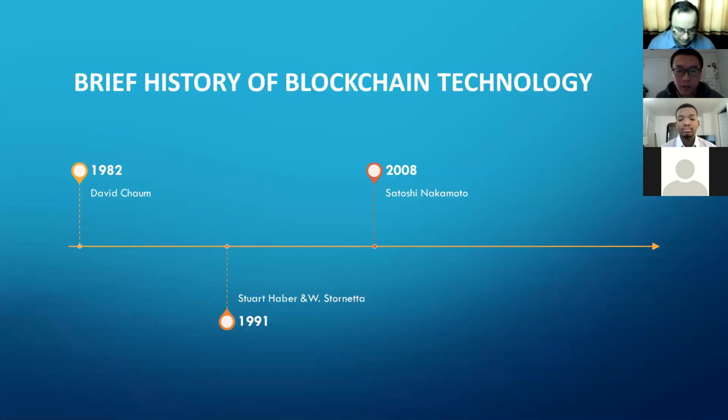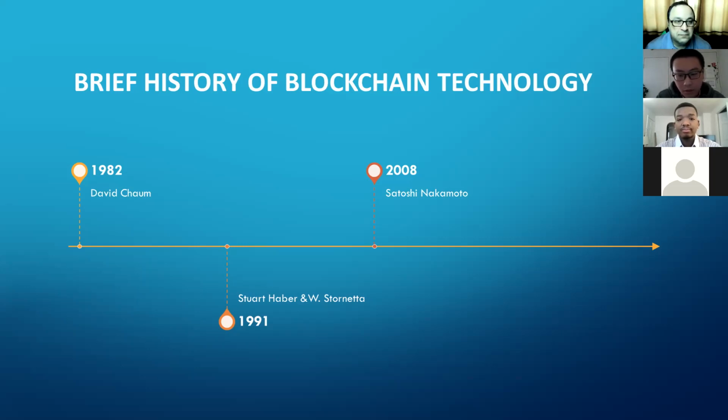Here's a timeline of the blockchain technology, and here are three main points we need to look at. In 1982, David was the first to give a concept of the blockchain technology, and he found these protocols in his paper. In 1991, Frank Haber and his teammates found a solution, where typical blockchain was used to store documents and timestamps.